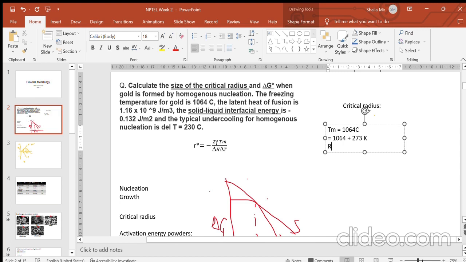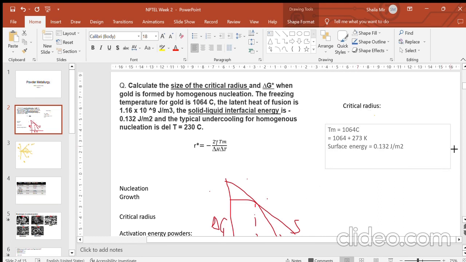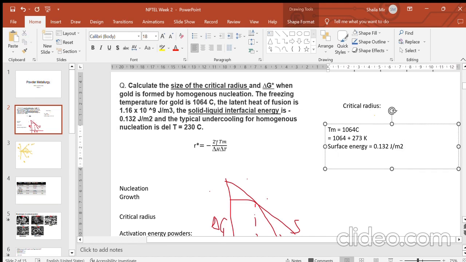Now we have also the surface energy. The surface energy value is 0.132 joules per meter square. And then we have the undercooling, which is the delta T in this equation.